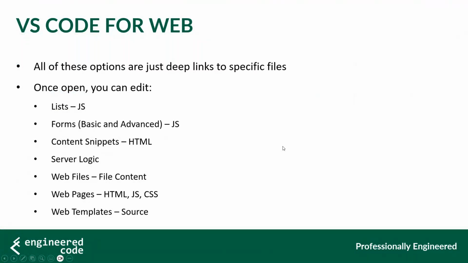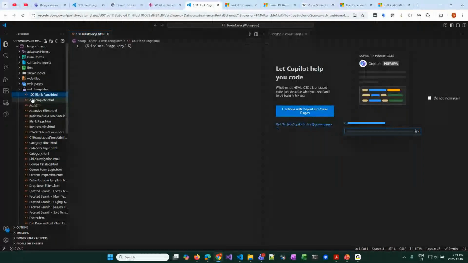All right, so like I said, all these options are just those deep links. Now, there's quite a bit of functionality that doesn't necessarily have those same links. So if you're in the Design Studio and you want to edit a web template, just click the edit code somewhere else and you can get to things like web templates. If we go back and look in VS Code, what do we have access to?